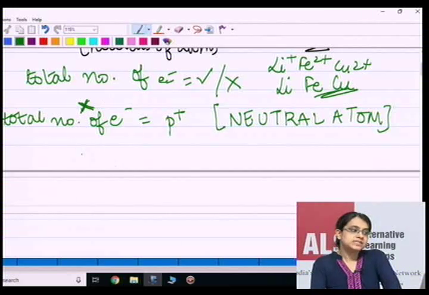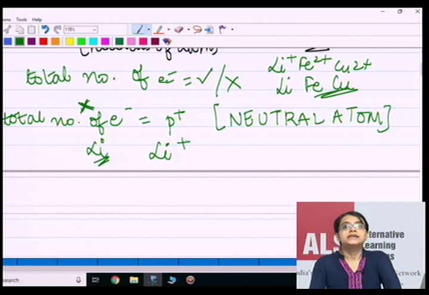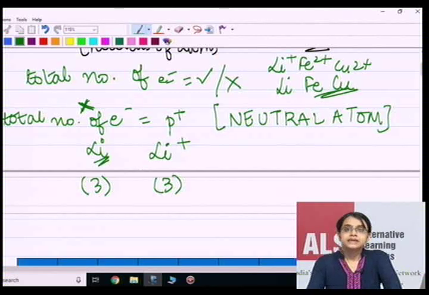Why? Because let us consider the case of lithium. I have a lithium atom, which is basically a neutral atom, and then I have a lithium ion, let's say. Consider both of these. What is the atomic number of Li? It's 3. Li+ also has atomic number 3.